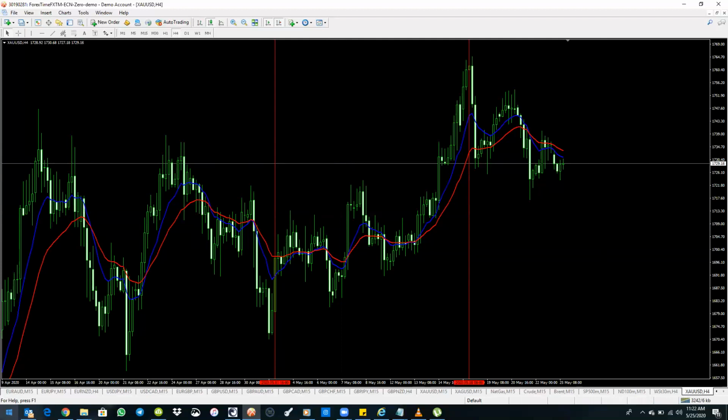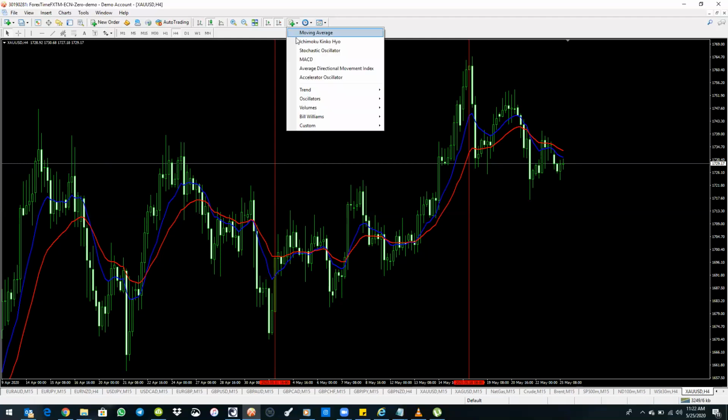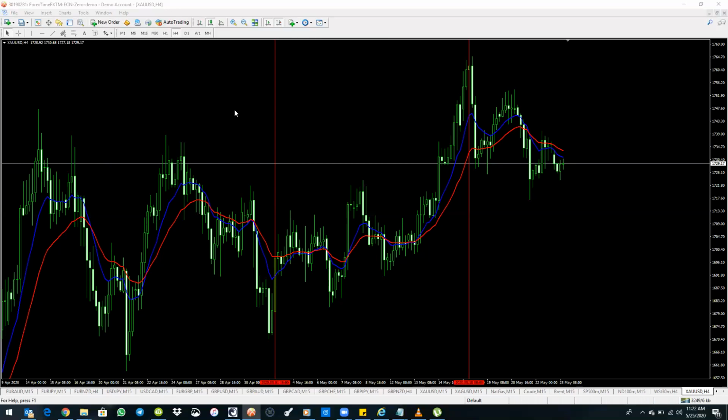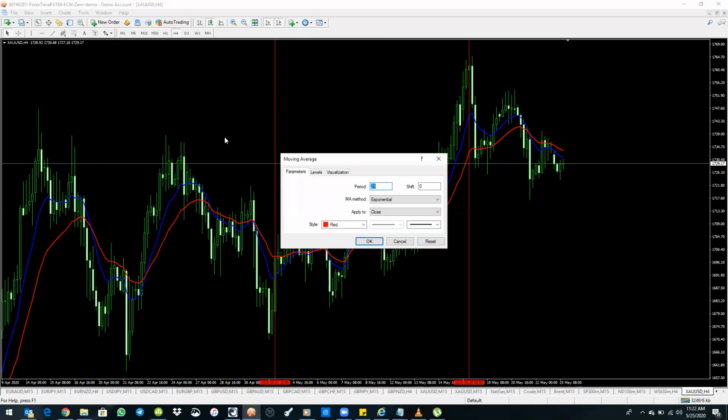Now we have looked at 10, we have looked at 21. I'm just giving you some popular figures. If you start reading books about moving averages, a lot of them will touch 9, 10, 18, 21. But personally, one that I like using and I've found to be very accurate is the 50-period moving average. 50-period exponential moving average.